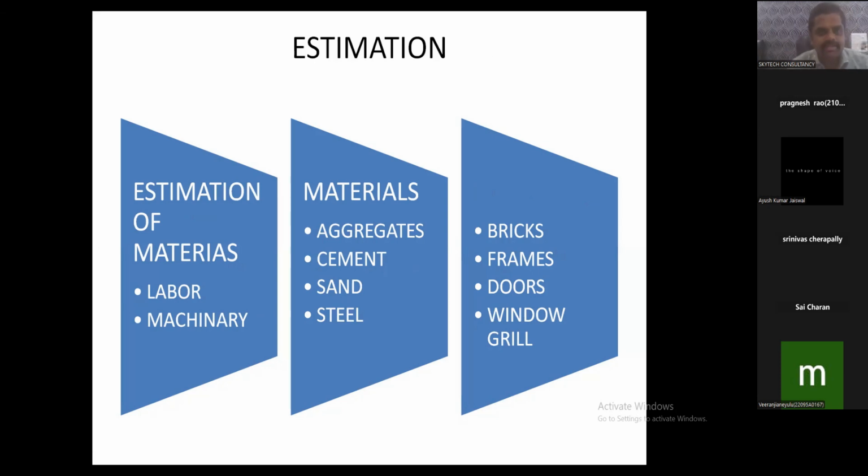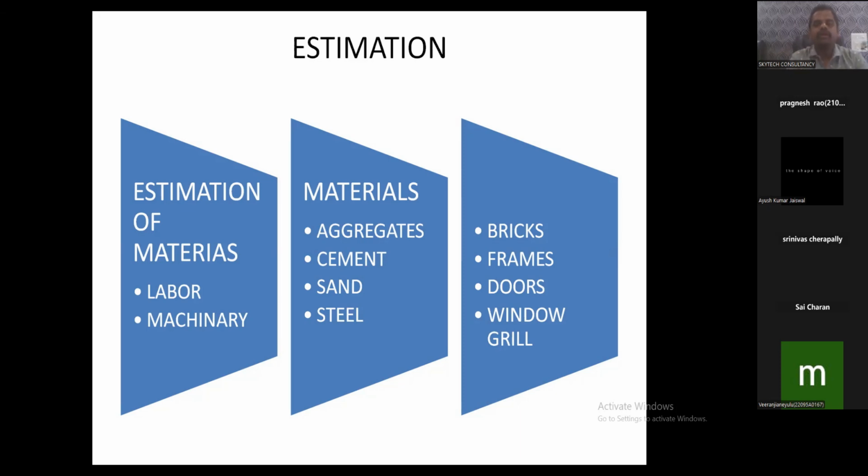The next main thing is the estimation of the materials: the materials, the labor, and the machinery. Again, the estimation depends on what kind of materials we are using, the kind of aggregates, and the cement. There are varieties of cements in India, like PPC, OPC, and all.